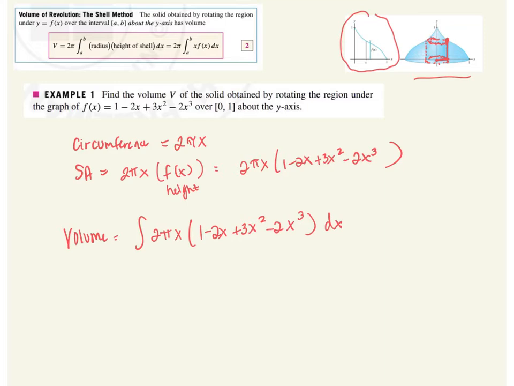So last step, we take a look, what are our limits of integration? So in this example, they told us 0 to 1. Sometimes we'll have to do a little bit of work in order to find those. Absolutely, and your answer will come out to be approximately 1.152 to the nearest thousandth.